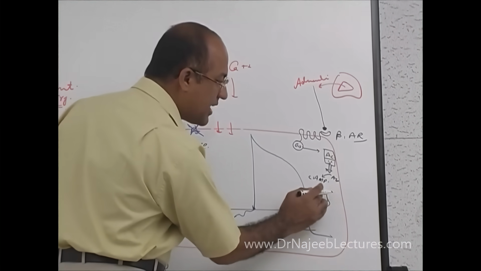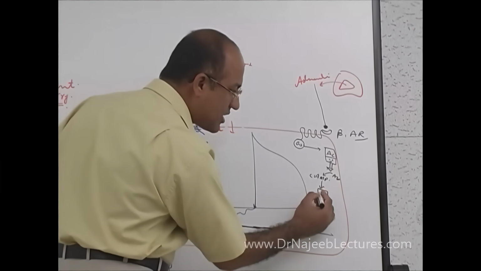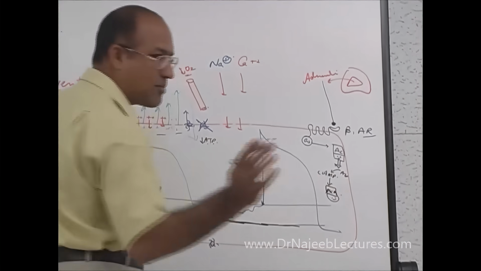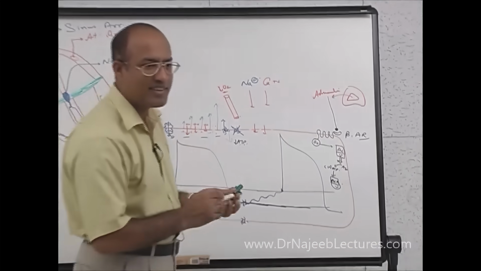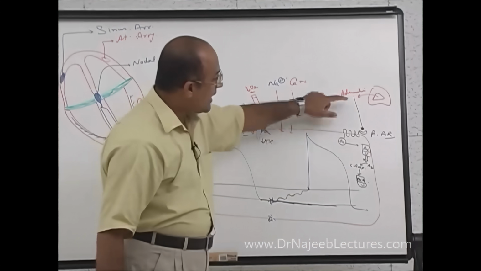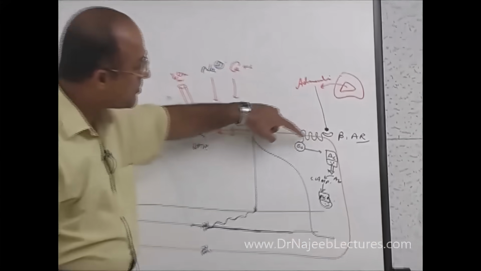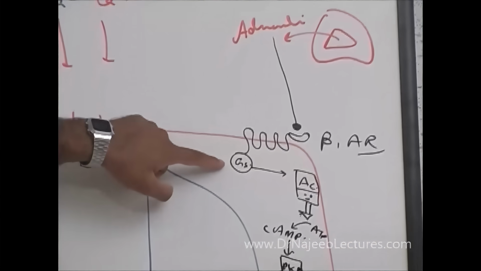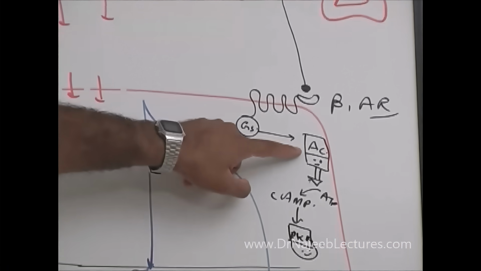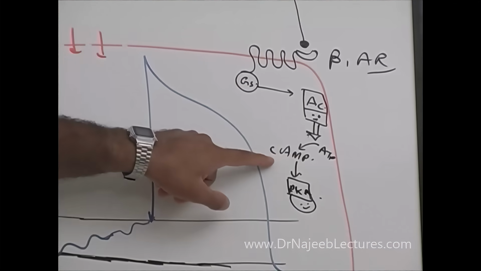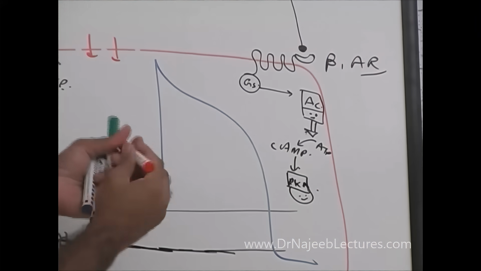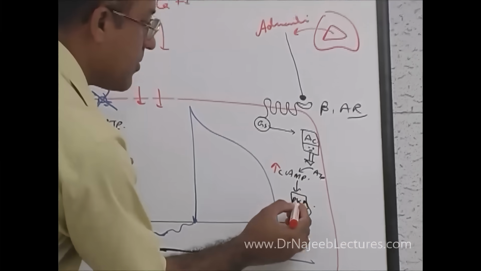Cyclic AMP will stimulate protein kinase A. Listen, adrenaline stimulates the adrenergic receptor, which stimulates intracellular G stimulatory protein, which stimulates adenylyl cyclase, which converts ATP into cyclic AMP, and more cyclic AMP stimulates protein kinase A.